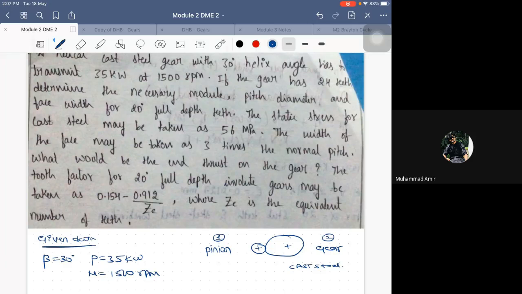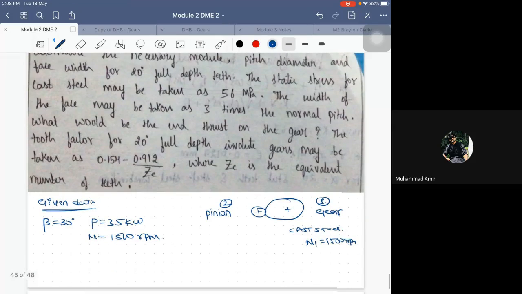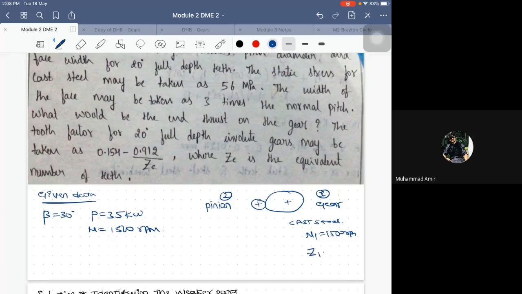If the gear has 24 teeth, I would take this as 1 and this as 2 as per the textbook. No issue if you take either. So N1 is 1500 rpm, and similarly Z1 is 24 teeth.